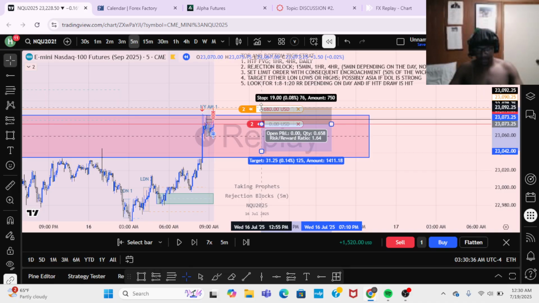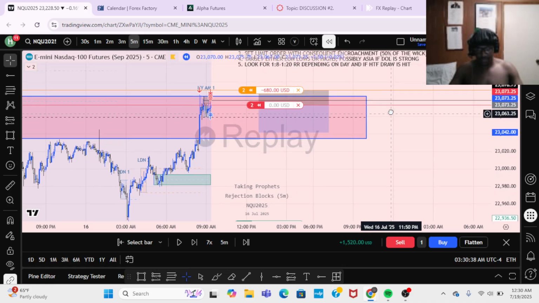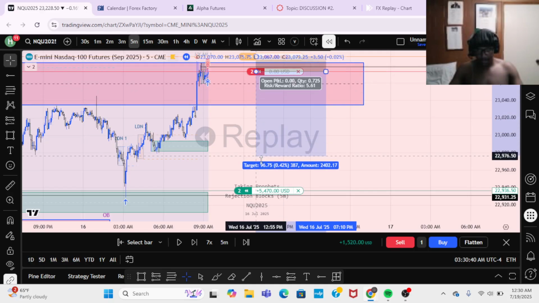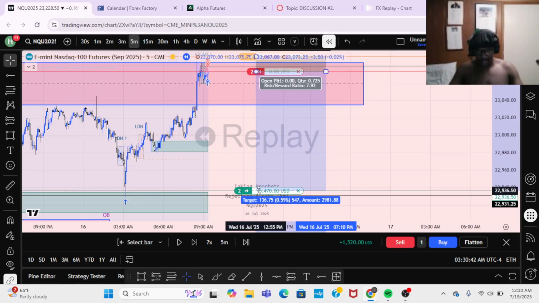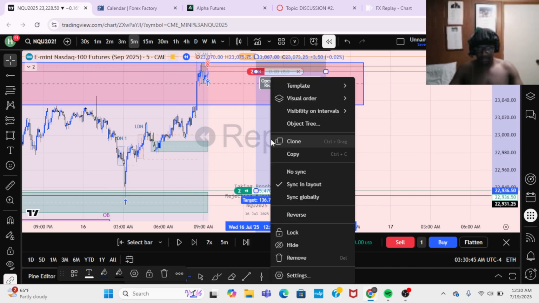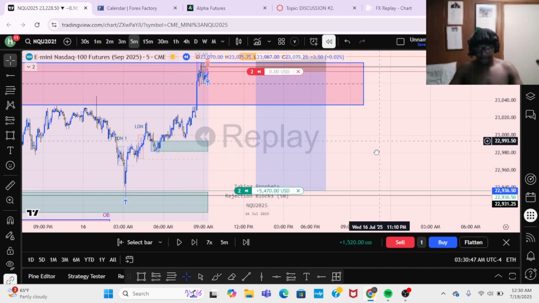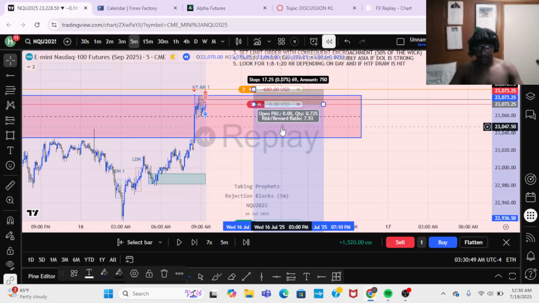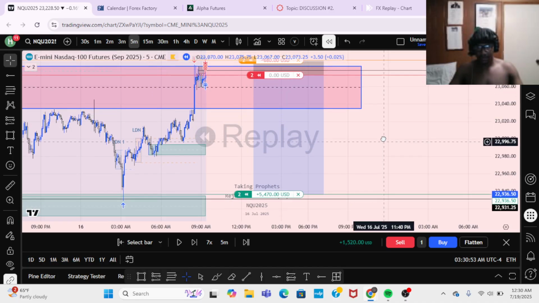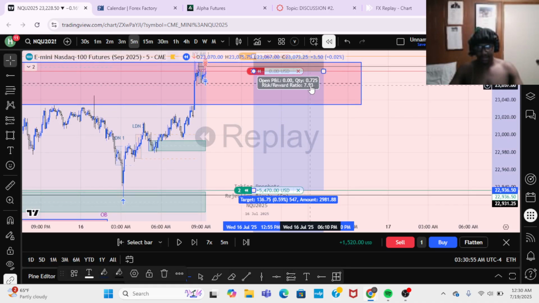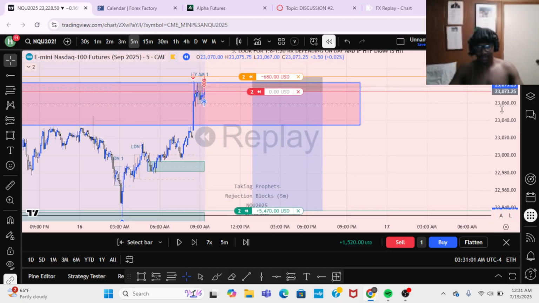Remember, stop is above the rejection, and take profit is all the way down here at this London objective. So it's pretty much like a 1 to 9 risk reward, which is really good.